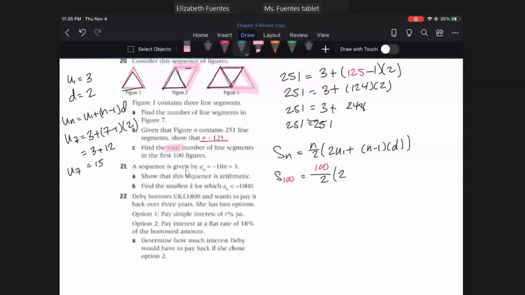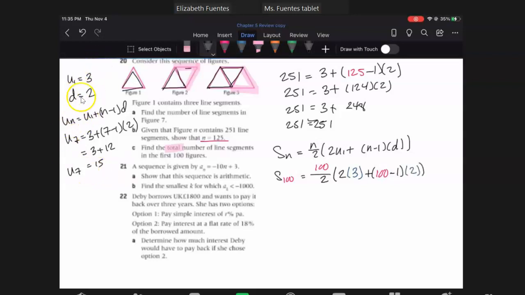I already know u of 1 is still the same problem, so it's still the 3. Once again, I know n because it's my 100th term I want to figure out. And I know my common difference because I'm increasing by 2. So my u of 1 and d are still the same from original.